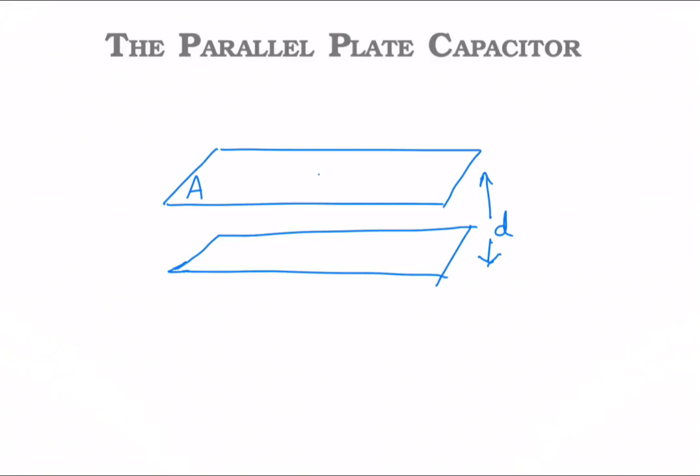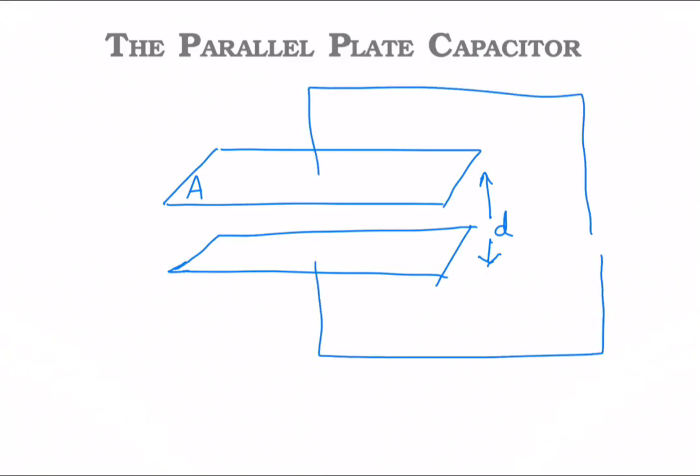Now take these metal plates and connect them to the negative and positive terminals of a battery. So this battery charges the parallel plate capacitor. What is the meaning of it? The plate which is connected to the positive terminal of the battery is positively charged, and the plate which is connected to the negative terminal of the battery is negatively charged.